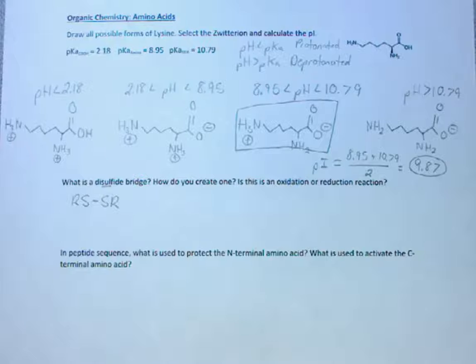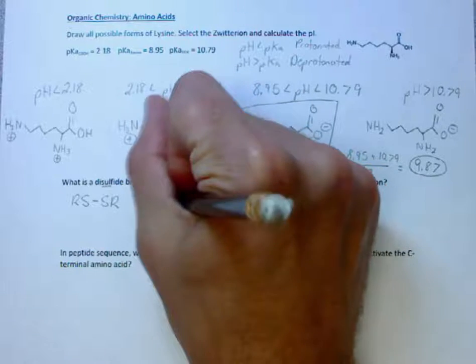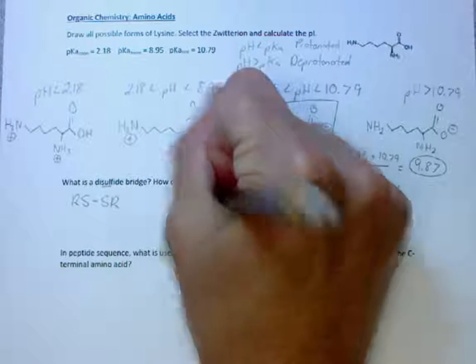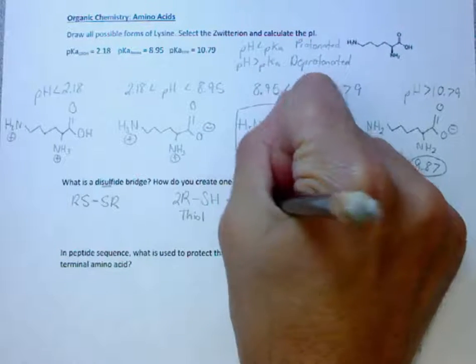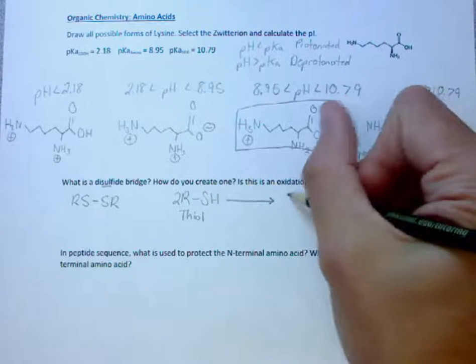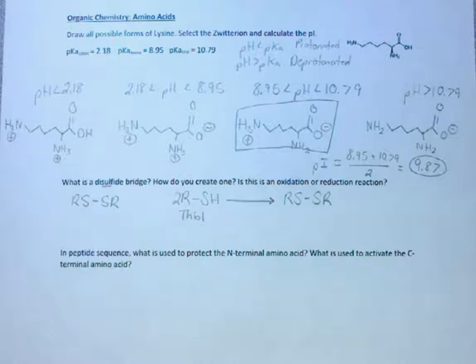Now, in order to create this, we can use thiols and we can do a reaction to get the disulfide bridge.